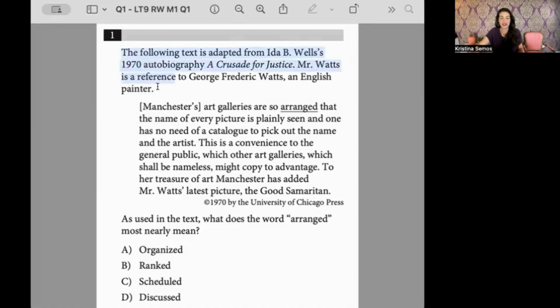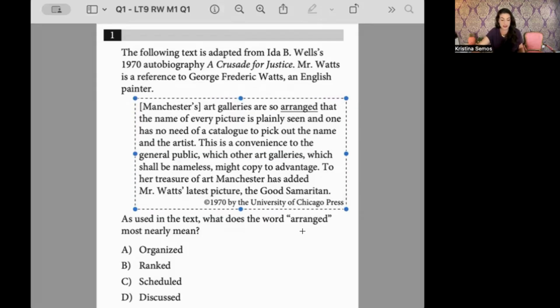So the following text is adapted from Ida B. Wells' 1970 autobiography, A Crusade for Justice. Mr. Watts is a reference to George Frederick Watts, an English painter. Manchester's art galleries are so arranged that the name of every picture is plainly seen, and one has no need of a catalog to pick out the name and the artist.